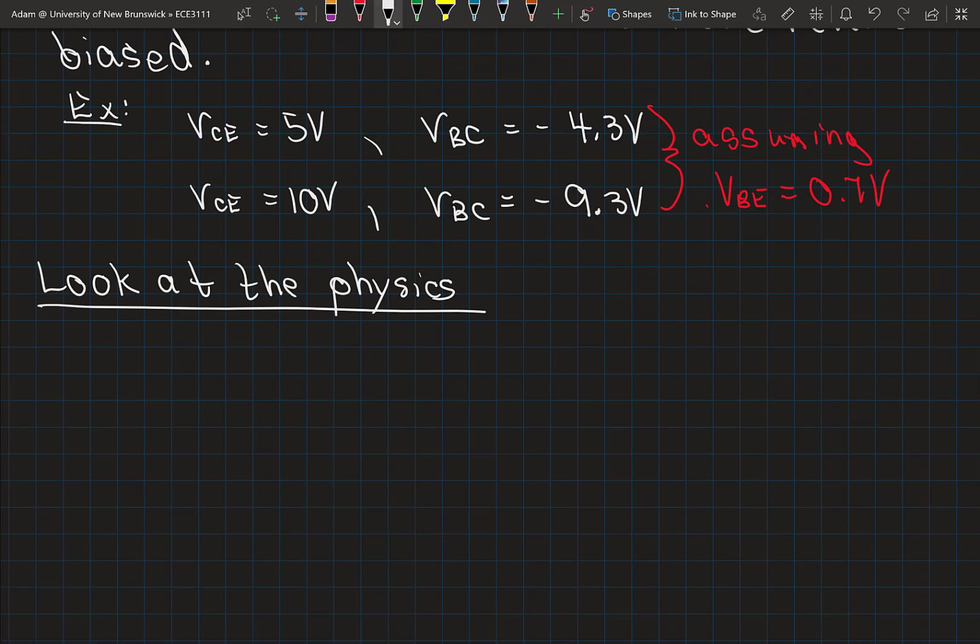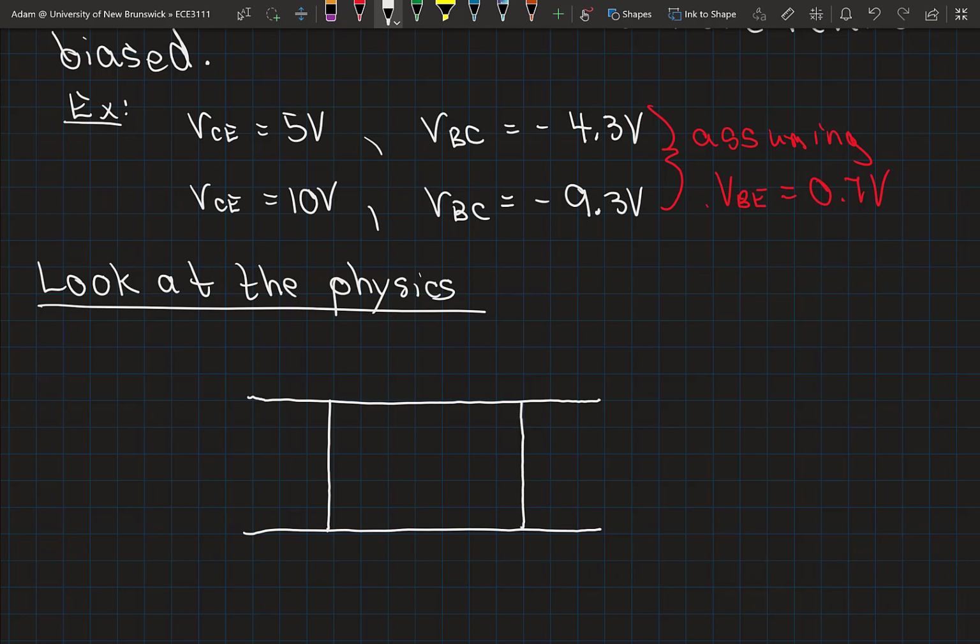Okay, so we look down at the depletion layer level here again. We have this base to emitter junction and this base to collector junction, right?